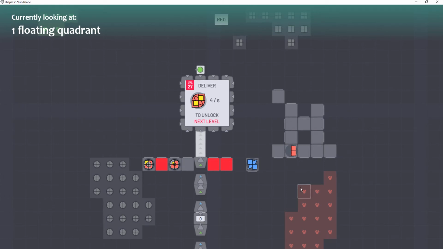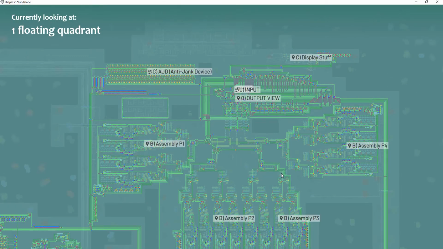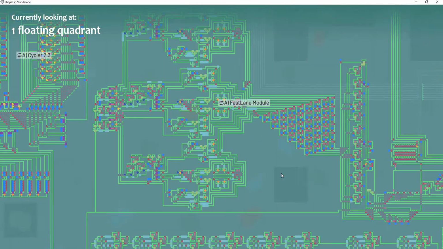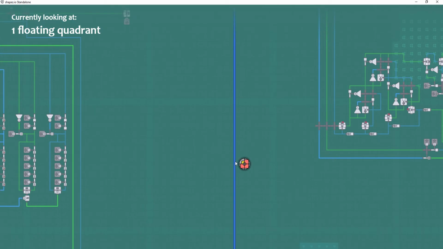It didn't take long at all to analyze this shape, and the reason for that is obviously because it went through the FastLane module, and you can see that the pieces are immediately aligned correctly. So onto the wiring layer. The shape is fed here.